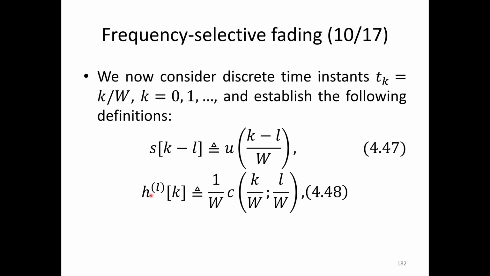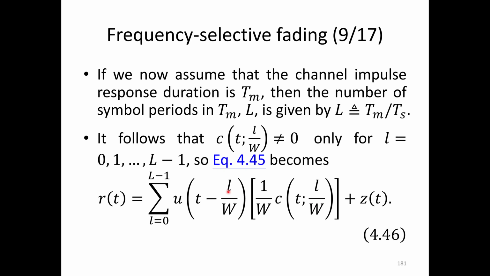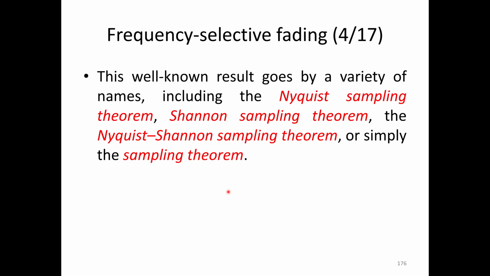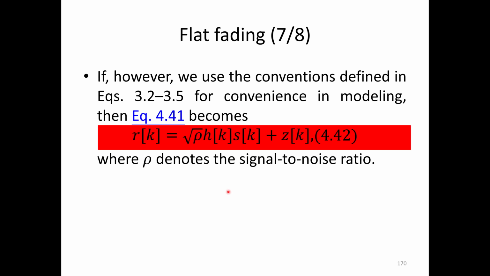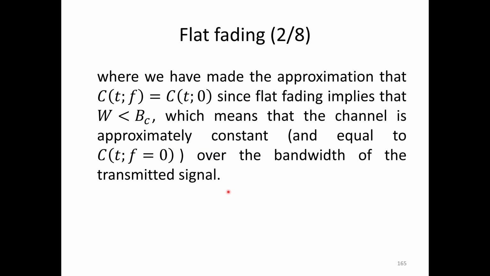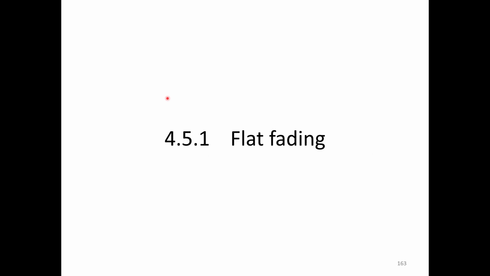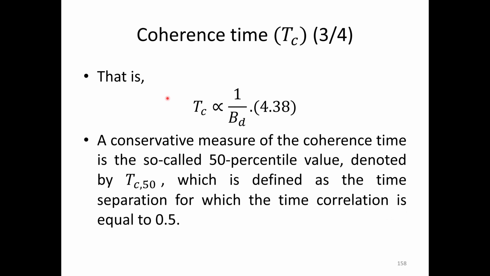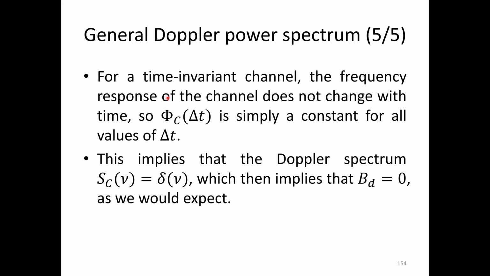Next, HL of K is defined as 1 over W times small c of K over W, L over W. What is the function small c? Let us review the meaning of small c. This is capital C. Small c.